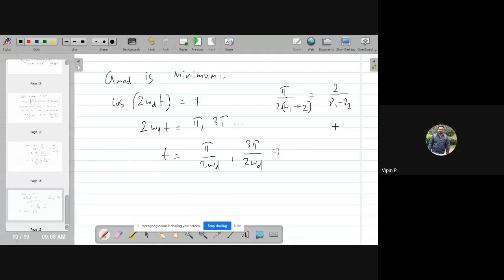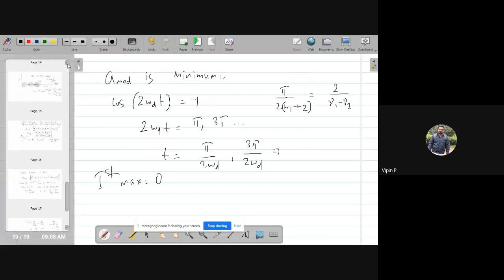Okay, you have one at 0. You have a maximum, then you have a minimum. So the first maximum is at 0. Right? First maximum is at 0. I think I've drawn that figure a little wrongly.